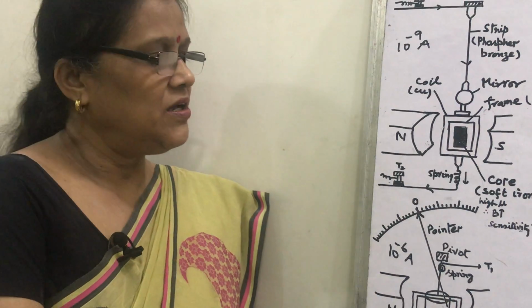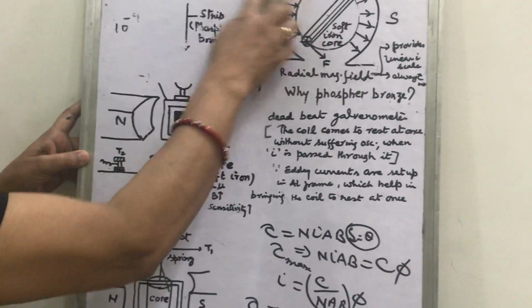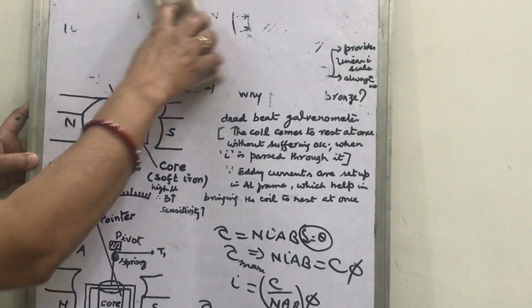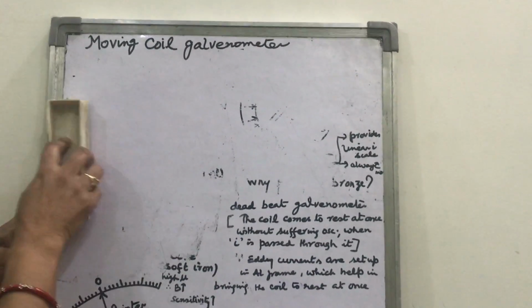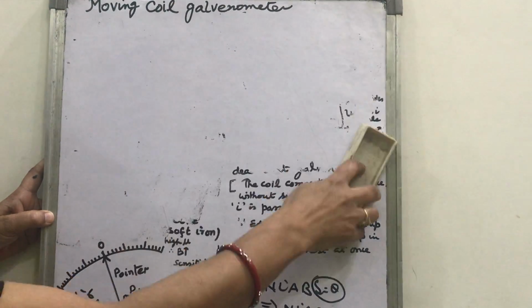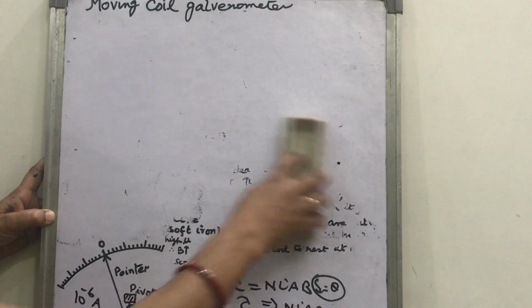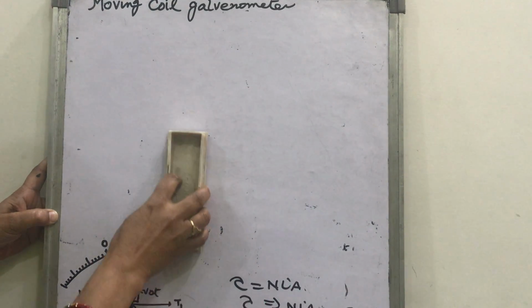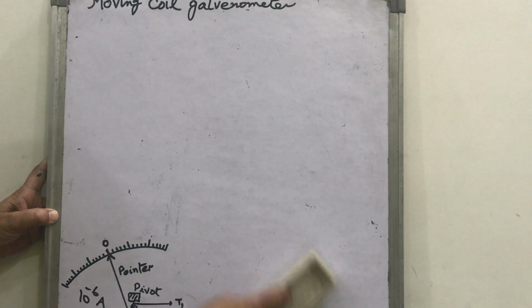Let us start with the new terms in moving coil galvanometer and its conversion. Suppose we have a moving coil galvanometer. We discussed the pivoted type galvanometer, where the pointer always rests at the 0 in the middle of the circular scale.